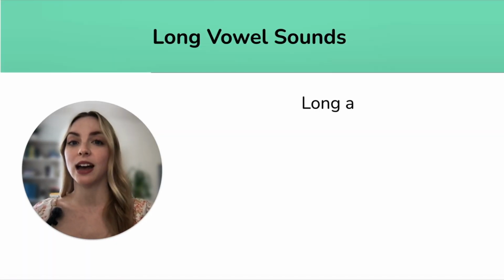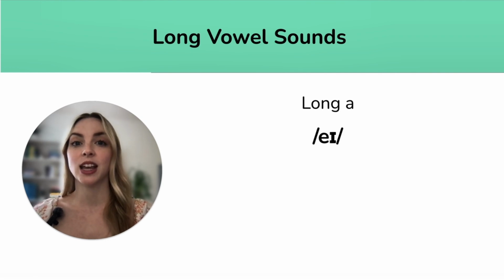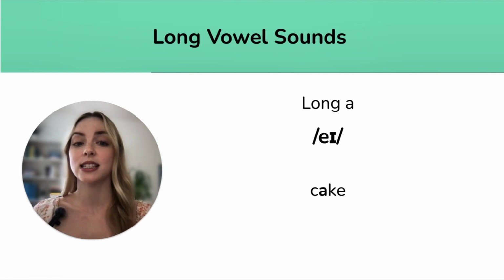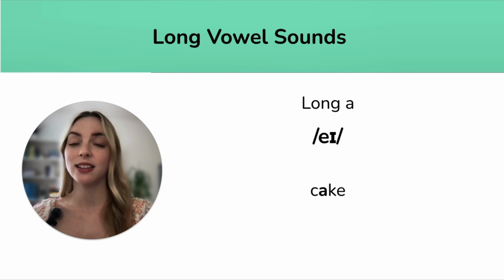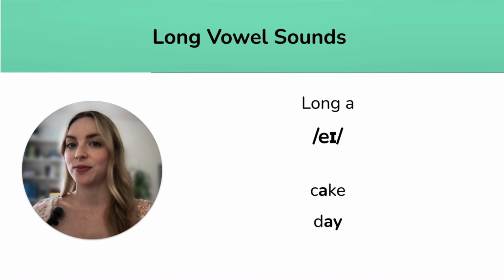First up, we have long A, as in the word cake. So as you may have already noticed, this A sound sounds like the letter name A, but it's not always just represented by letter A. We also have this sound often when the ending of a word is AY, like day.